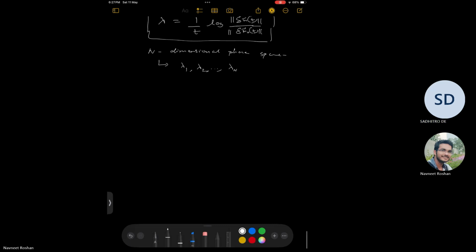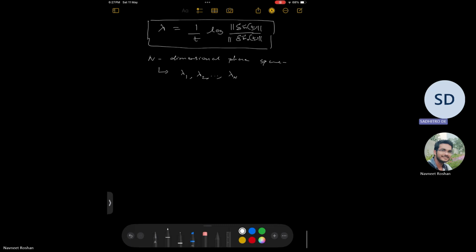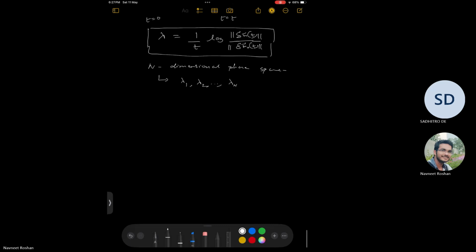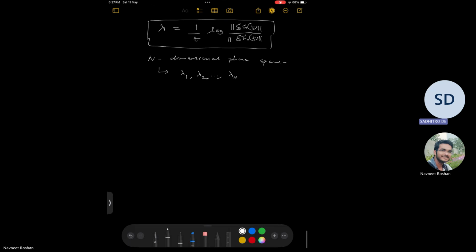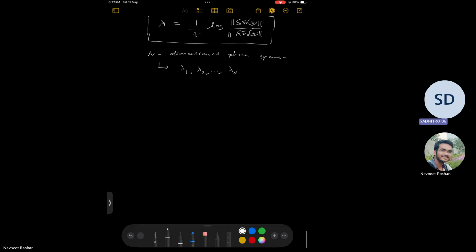Now, what characterizes a chaotic system? You see that when we write the Lyapunov exponent in this form, what we actually calculate is the maximum Lyapunov exponent. The reason is as follows. Suppose you have a volume in phase space, classified by the three axes x, y, and z.